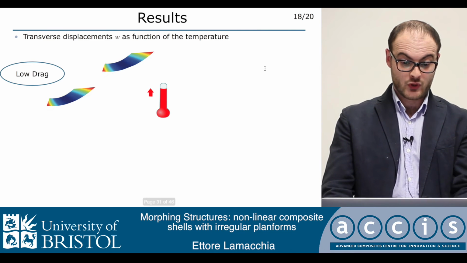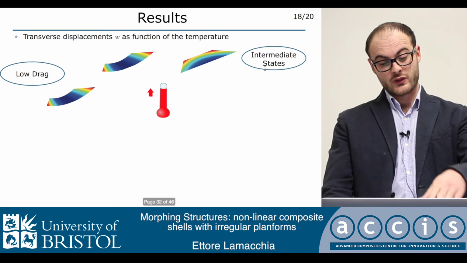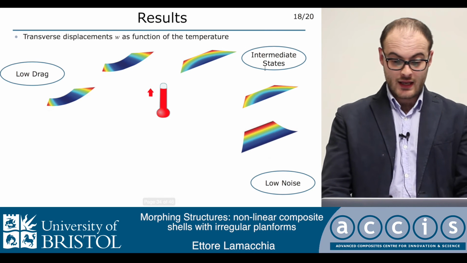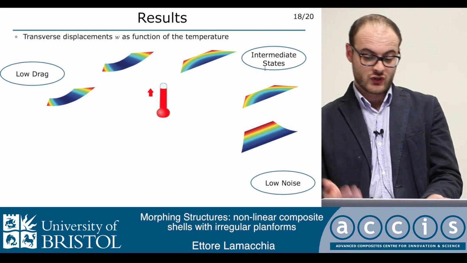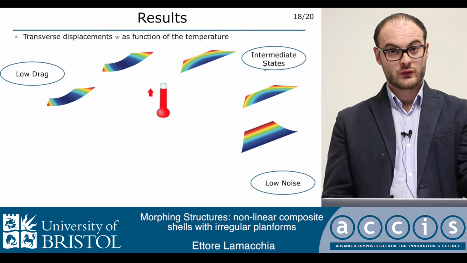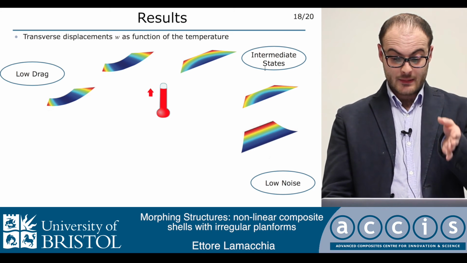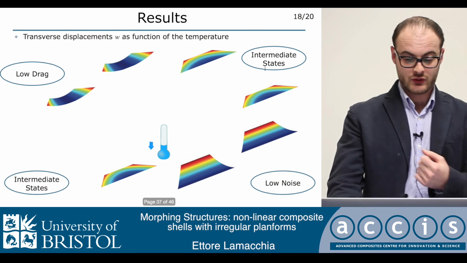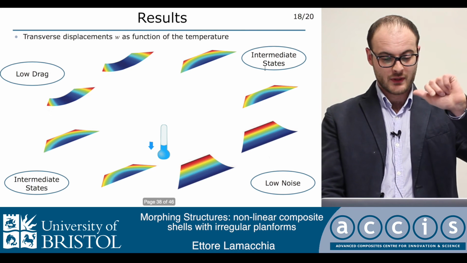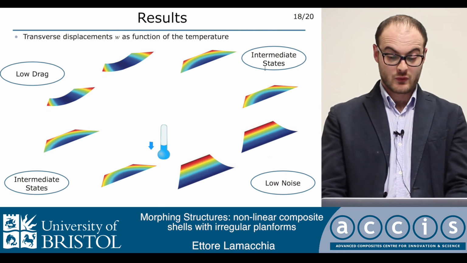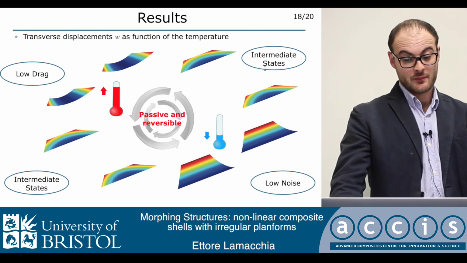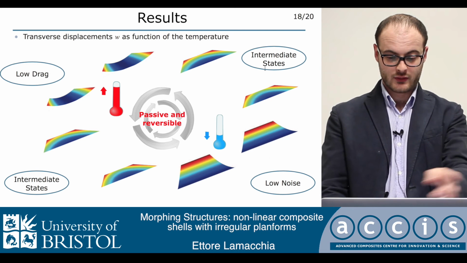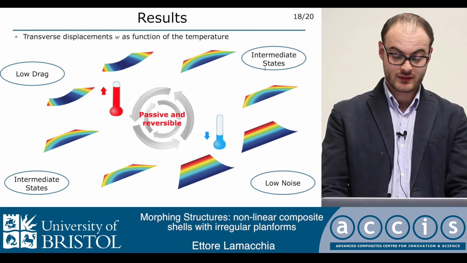By increasing the temperature, slowly the chevron morphs towards the low noise configuration through a series of intermediate states, until the low noise configuration appears, which is a cylindrical shell orthogonal to the initial one, and the chevron keeps this configuration until we decrease the temperature, so that it morphs again through the series of intermediate states towards the low drag configuration. And this is a process completely passive and reversible, because we can increase and decrease the temperature, and we morph in between the two orthogonal cylindrical shells.